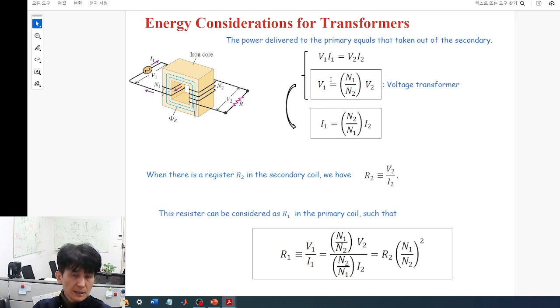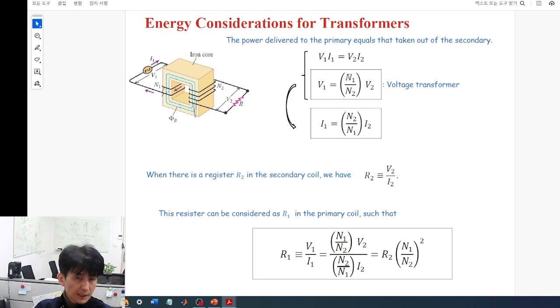So V1 can be represented as N1 over N2 times V2.